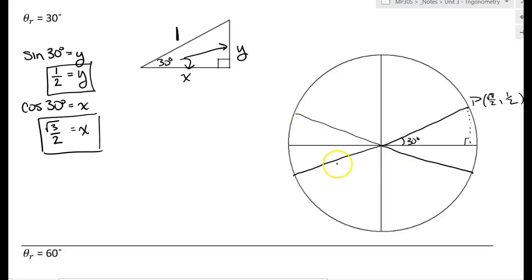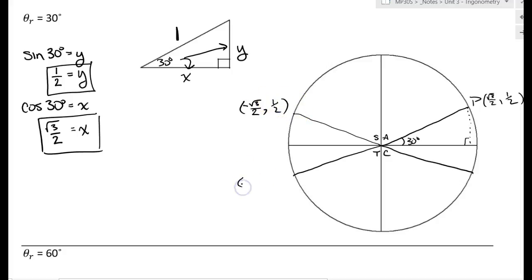We're going to do the same thing in the other 3 quadrants, remembering all students take calculus. And so over here, we're going to be dealing with not a positive cosine value, but a negative cosine value. And again, if you don't remember that part, you can always look at the fact that we're on the negative x-axis, so x should be negative.